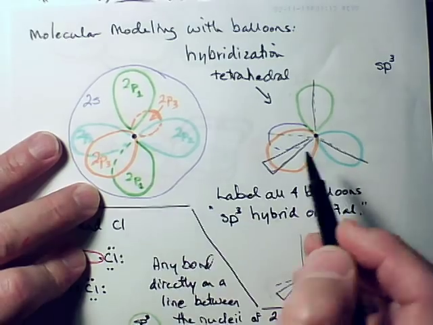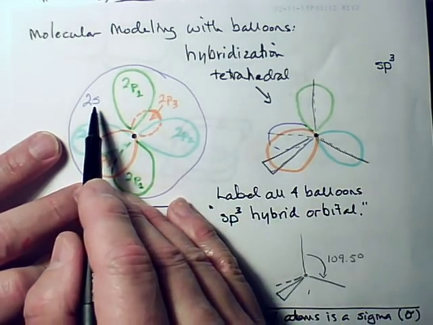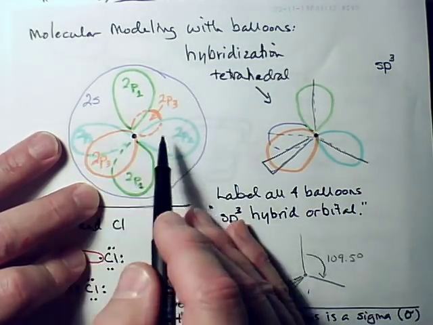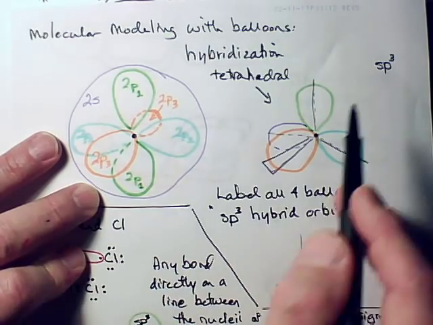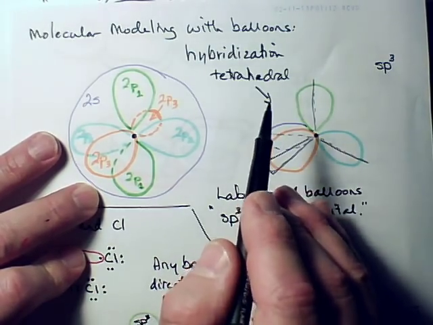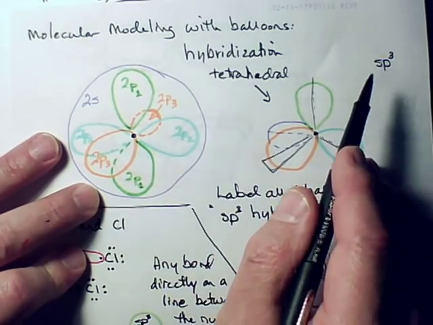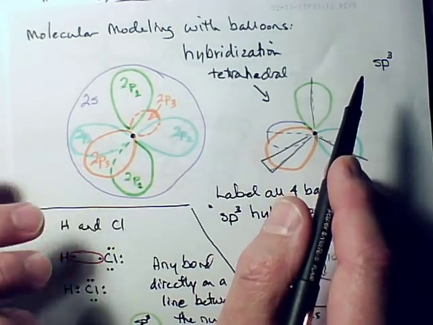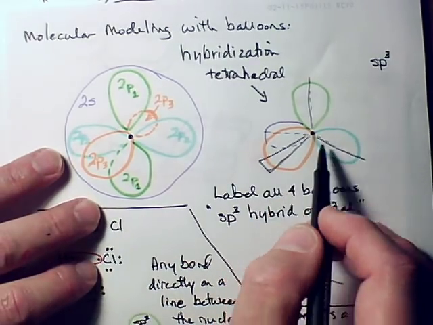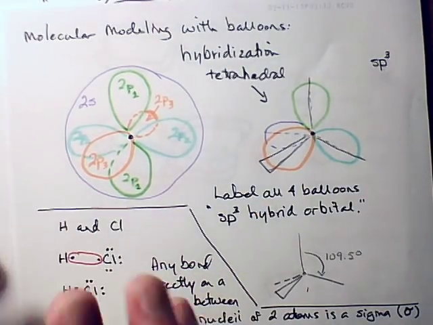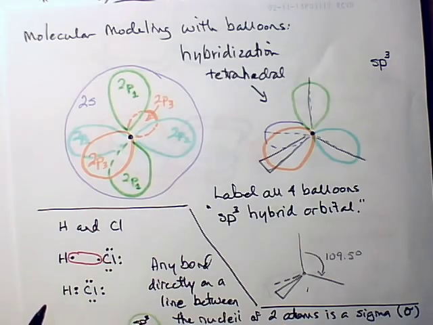And I call it sp3 because I've hybridized one s orbital and 1, 2, 3 p orbitals. So this superscript just means we started out with 3 p orbitals. The s here means I started out with an s orbital, and I've hybridized all four of those to make this hybrid set of 4 single balloon-shaped orbitals. Okay? That's where we started.